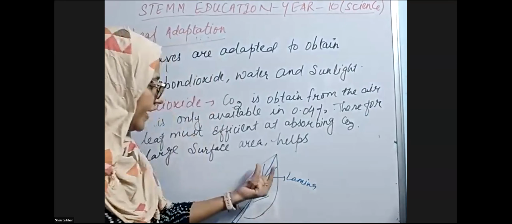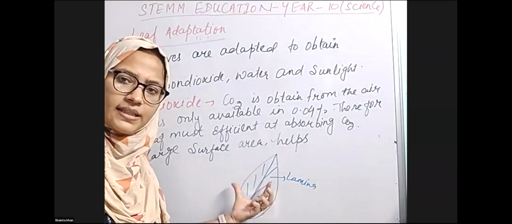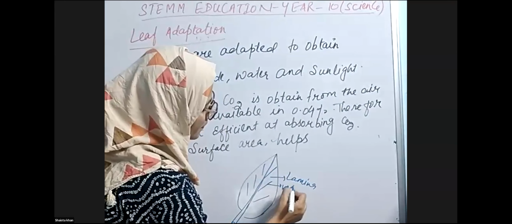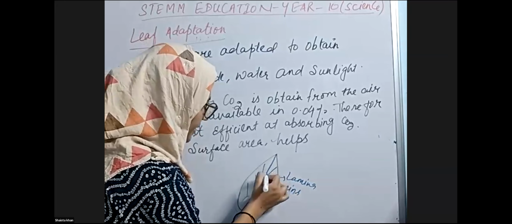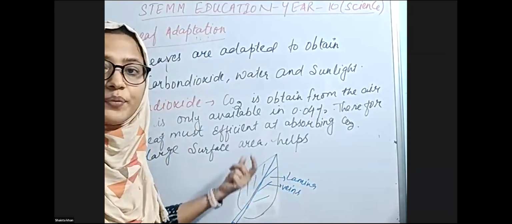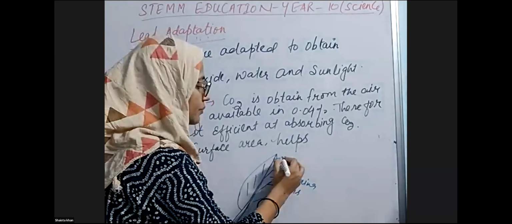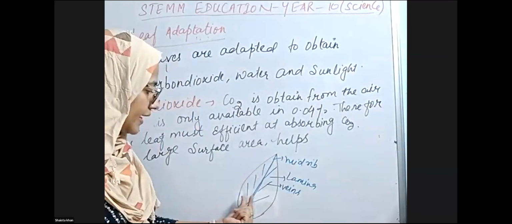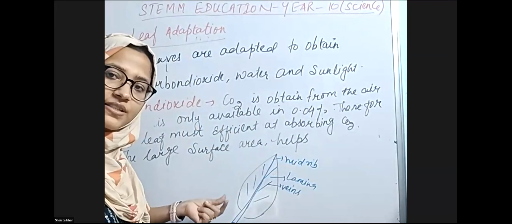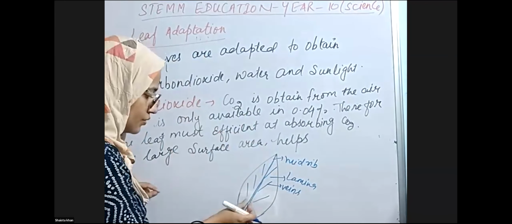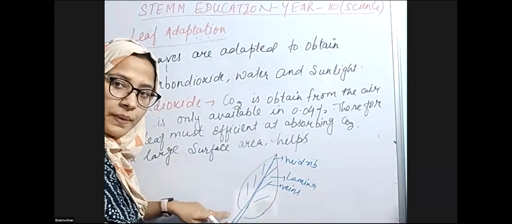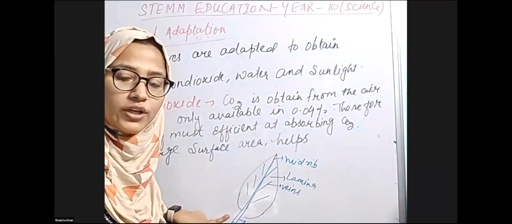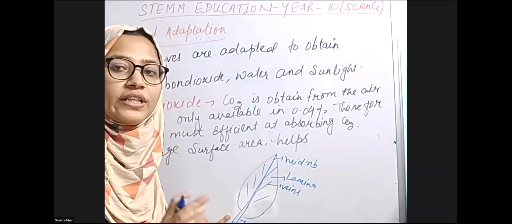The veins, the thin strand-like structures, are known as veins. The middle thicker line present on the leaf is known as the midrib. And the midrib extends to the part which is known as the petiole. You can call it either petiole or leaf stalk.